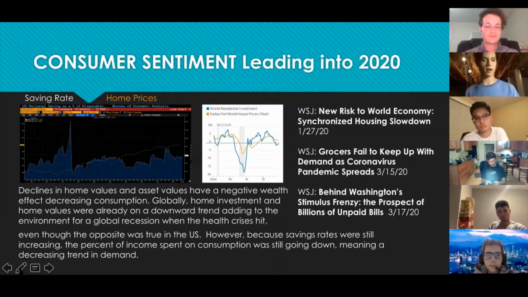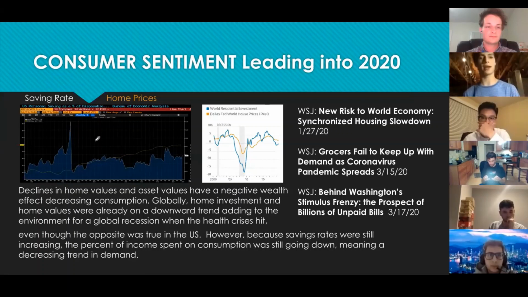I'm going to start off going over a brief overview of the consumer, because the US is a consumer-driven economy, it being capitalist. So it depends largely on how much consumption there is. And I'm going to explain real quick two concepts. There's the wealth effect and the income effect, and a deflationary cycle.